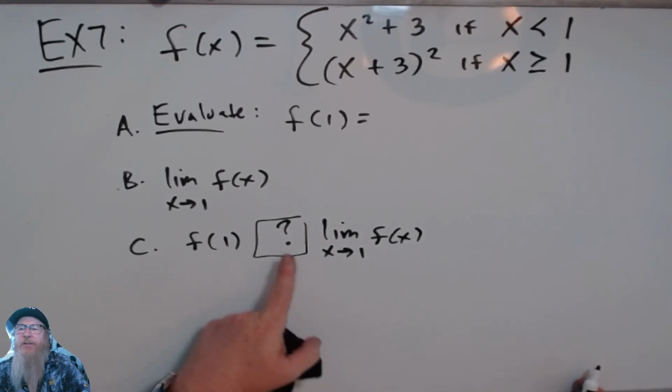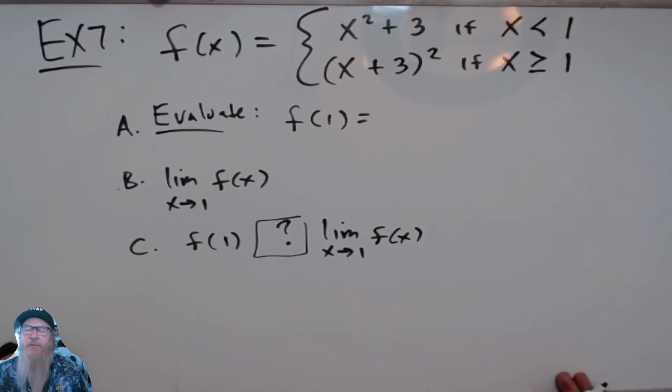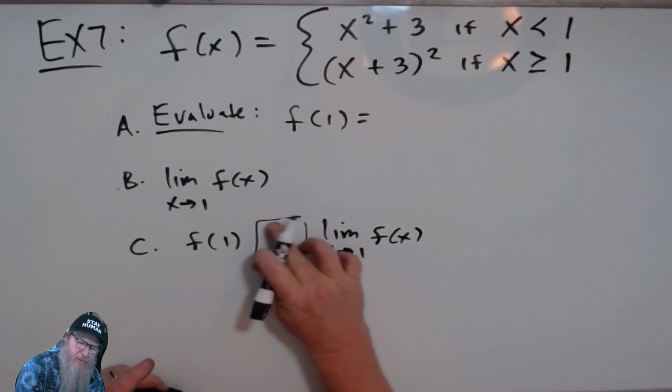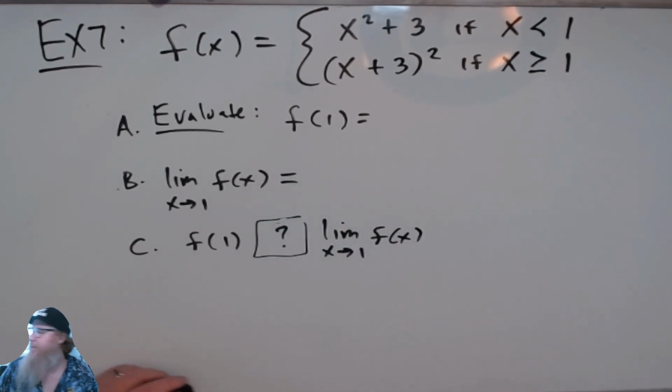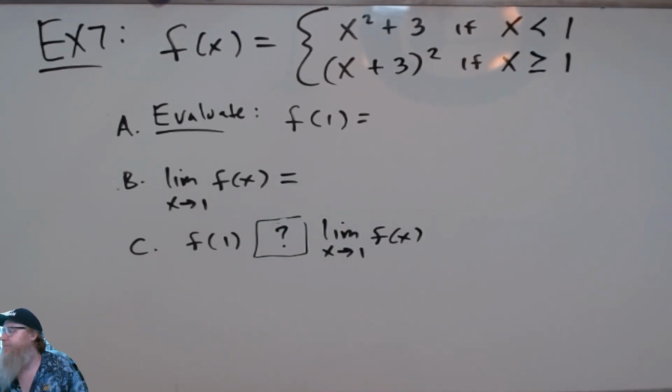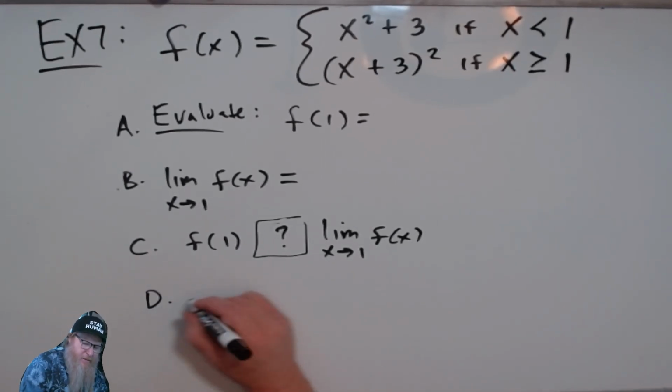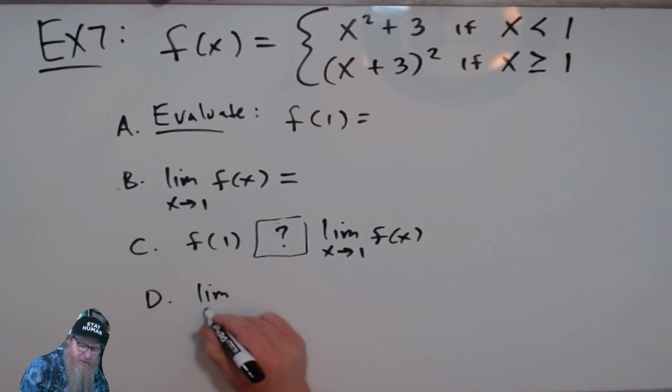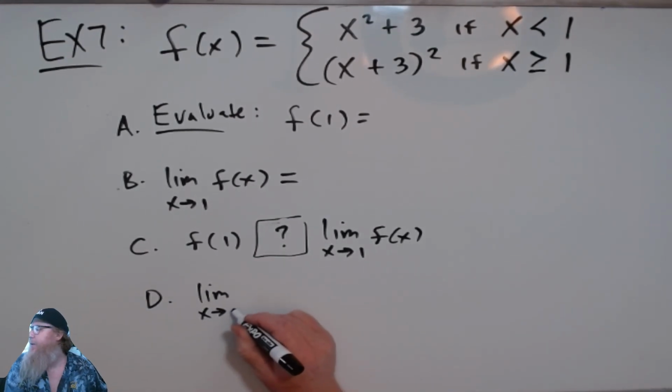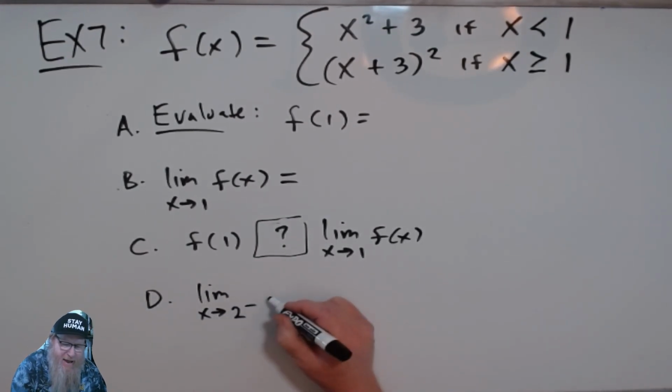So are they equal or are they not equal? I don't know. Let's put a question mark in the box here. Let's do the limit as x approaches 2 from the left.